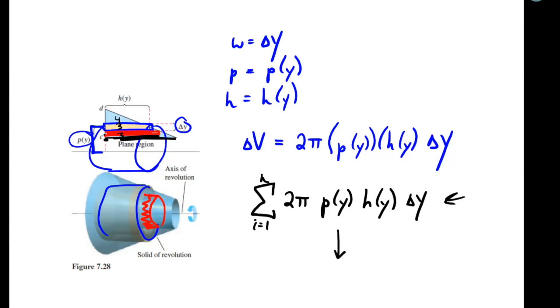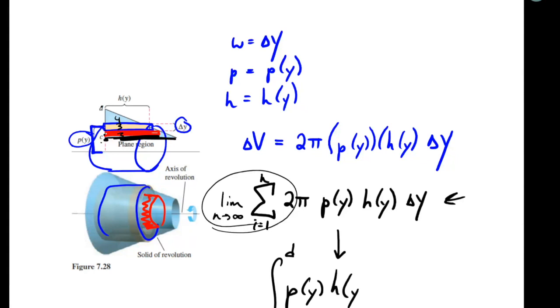And if I keep going so that I have, as n approaches infinity, notice this pattern again, this becomes our integral, right? And we're going from c up to d. These are our functions. Delta y becomes infinitely small into a dy, and 2 pi is constant.